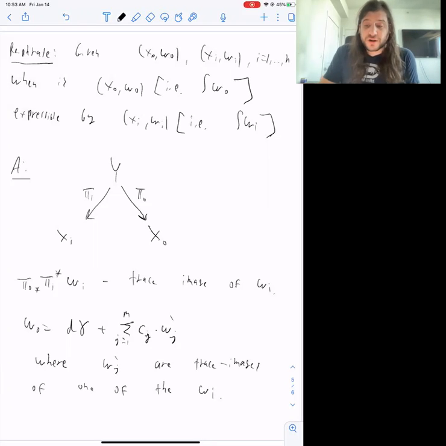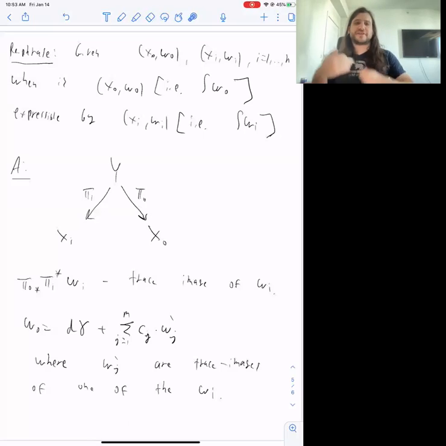So just like before, if you change omega naught by an exact form, so by the derivative of something already, the d of some actual algebraic function, then integrating it recovers that algebraic function. We're allowed algebraic functions, so that's fine. If omega naught is a trace image of one of these omega i's, then you can also obtain it. It's a little bit less easy to see because of this trace down here under pi naught.